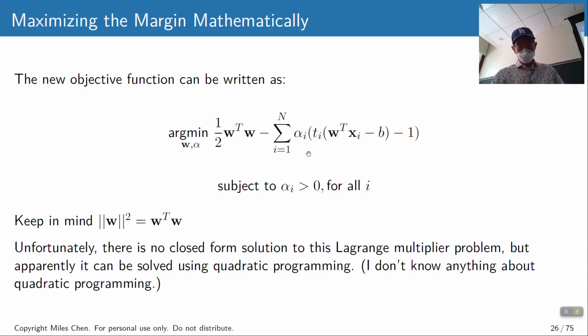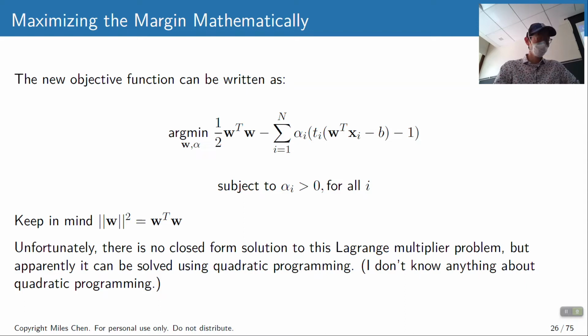Okay. So anyway, we get it in this form, and apparently all the resources I've read get very hand wavy at this point. They say this problem can be solved using quadratic programming, and I don't know anything about quadratic programming. I thought maybe I'll try to learn about it, and then it was too much of a headache.